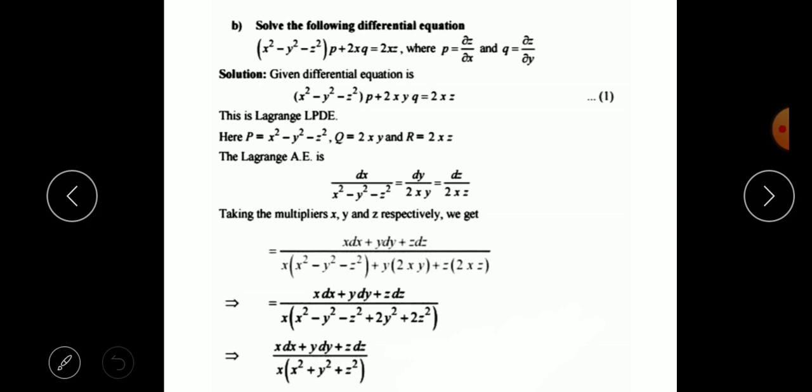Now it is clear that here we have to solve the equation by using multipliers.